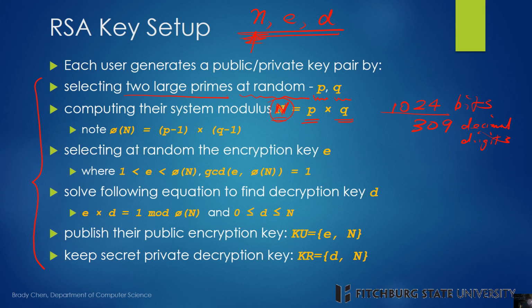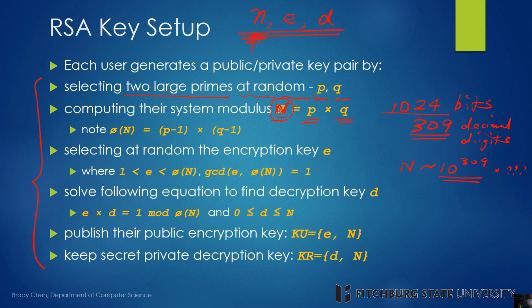Now, let's think about this. Let's say n is about 309 digits. That means n is about 10 to the 309 times something, right? Now n is a multiplication of P and Q. So let's assume that P and Q are about the same size.